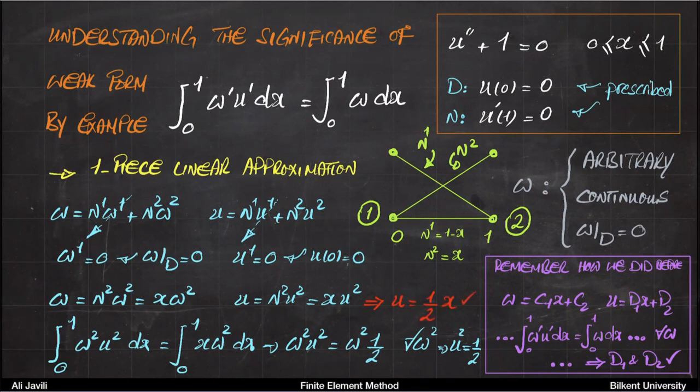You should pay attention that from the viewpoint of the finite elements method, this is your answer. So the unknowns are the value or the values of displacement at nodes. So here your unknown displacement at node 2 is 1/2. So the problem is solved.